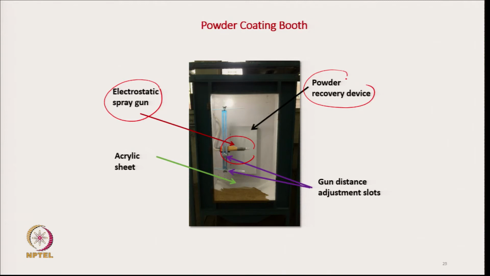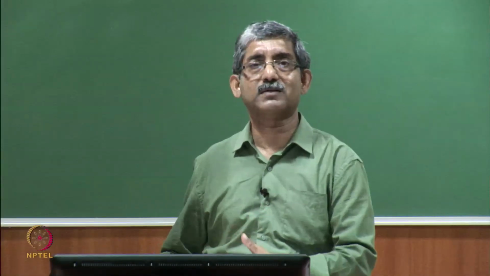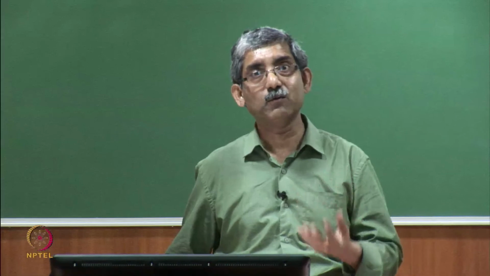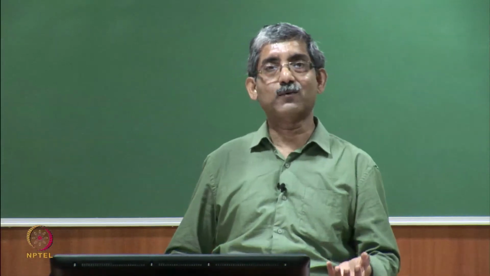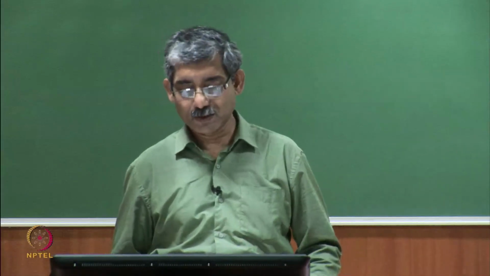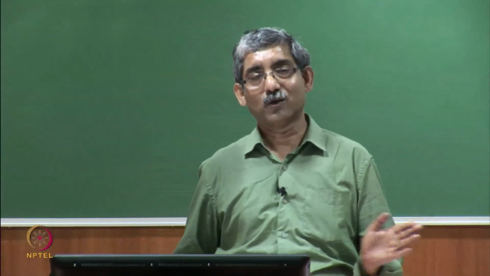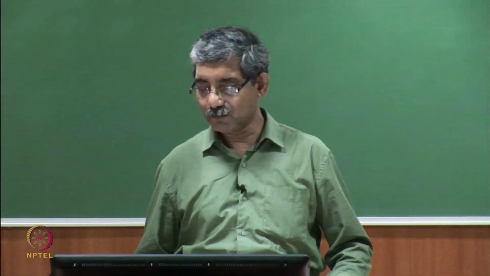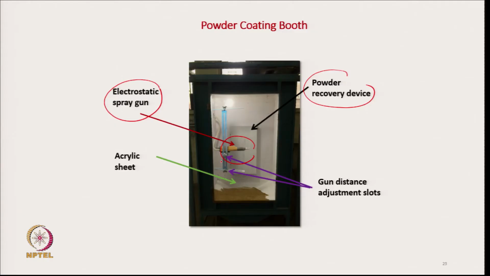It is typically 4 to 5% maximum. Okay. Majority, 95-96% of the powder, is not being used. So, we have to recover this powder to reuse it again. Okay. We cannot actually throw this powder, it is expensive, and the gun distance can be adjusted and gun height also can be adjusted using this adjustment slot.